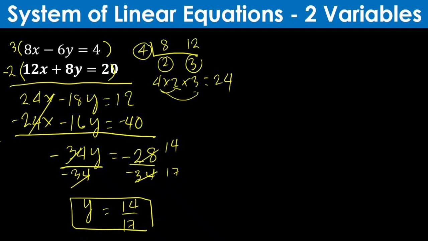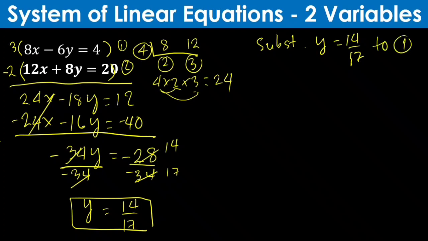And let's use one of the equations, equation 1 or equation 2, to substitute the value of y to get our x. I will use equation 1. So I will substitute my y equals 14 over 17 to equation 1.